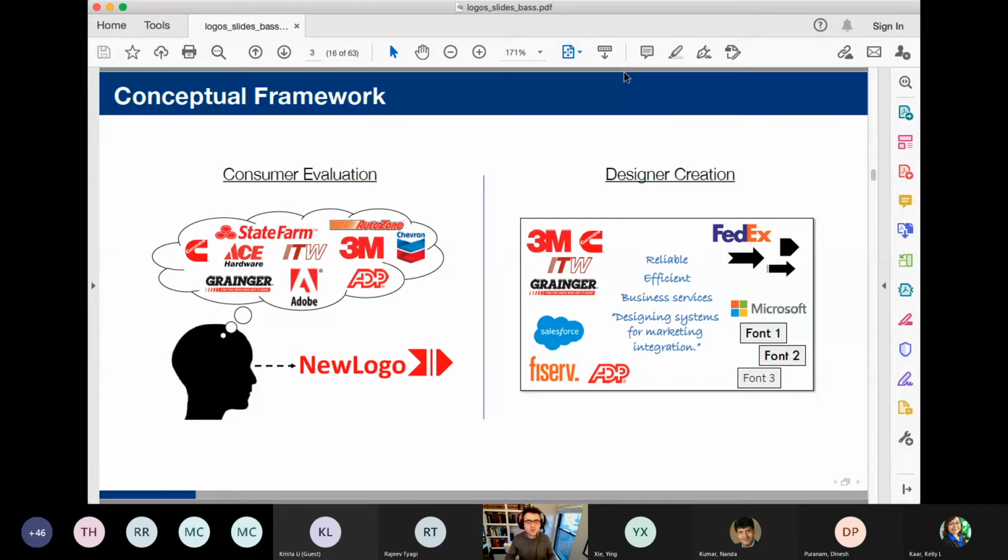And what kinds of imagery, color schemes, fonts do those firms use? Similarly, if we're thinking about business services firms, what kinds of fonts, colors, designs do they use? And if there are any very near competitors in this space, what designs do they use? This will then be the basis for the designs that these designers will create, because they know that this is exactly the thing that they want to come to mind when consumers are evaluating this logo.